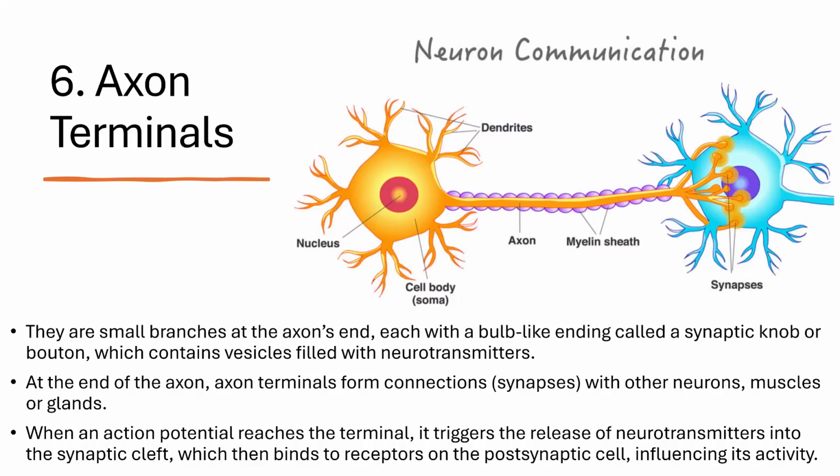At the end, the axon terminals form synapses with other neurons, muscles, or glands. When an action potential reaches the terminal, it triggers the release of neurotransmitters into the synaptic cleft, which then bind to receptors on the postsynaptic cell, influencing its activity.